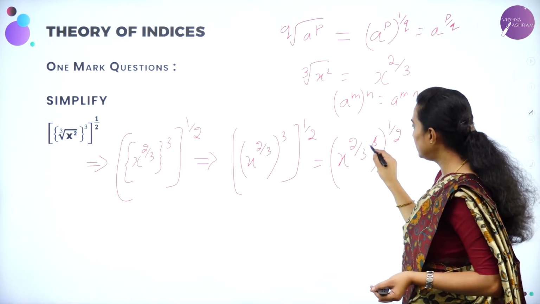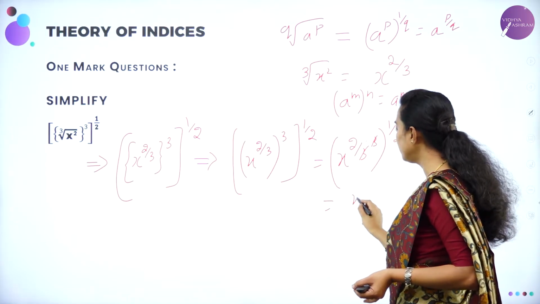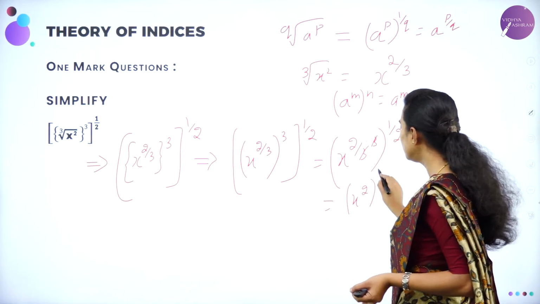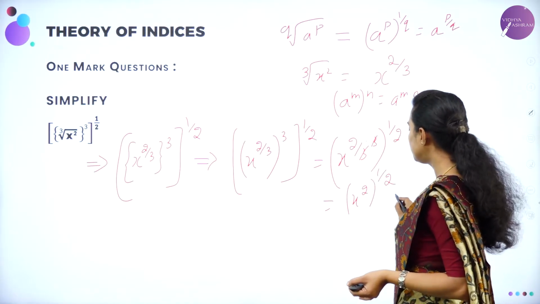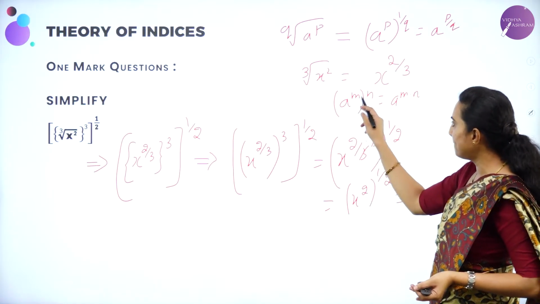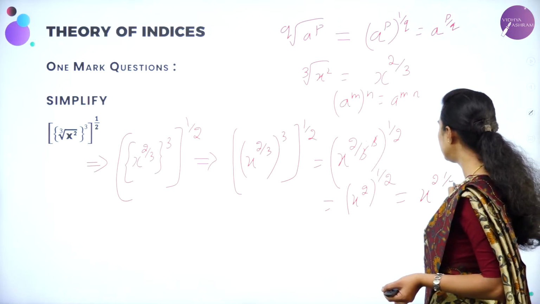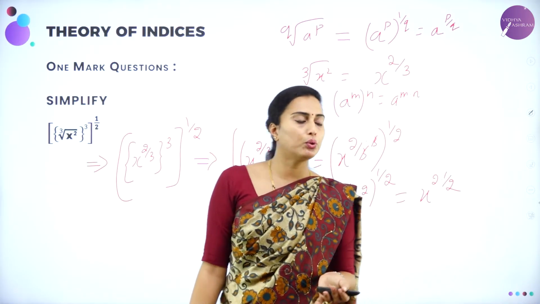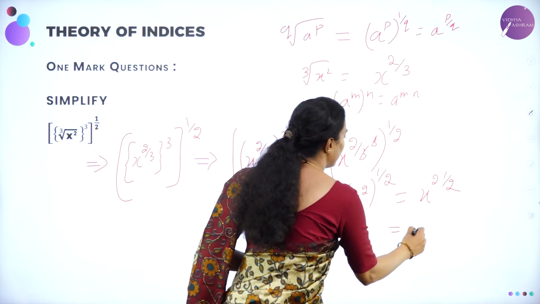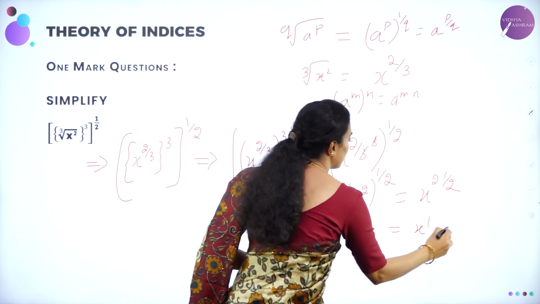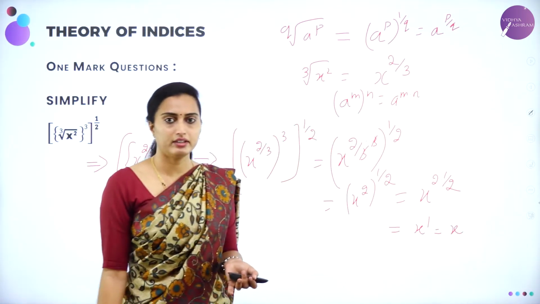M dot n, 3 will get cancelled. You are going to remain with x squared whole to the power of 1/2, which again is a power m whole power n, written as 2 into 1/2. 2 will get cancelled. You are going to remain with x power 1, which is nothing but x, right?